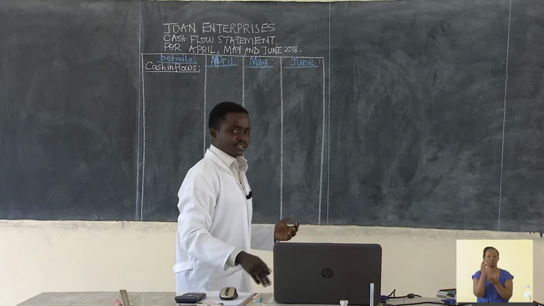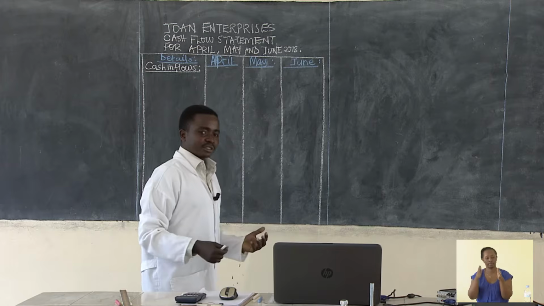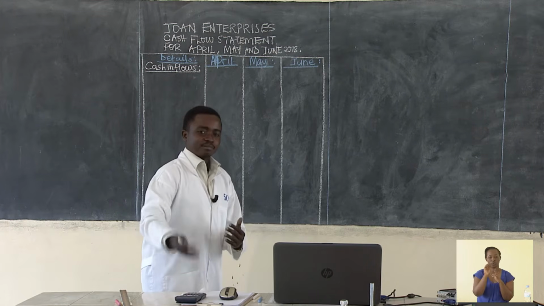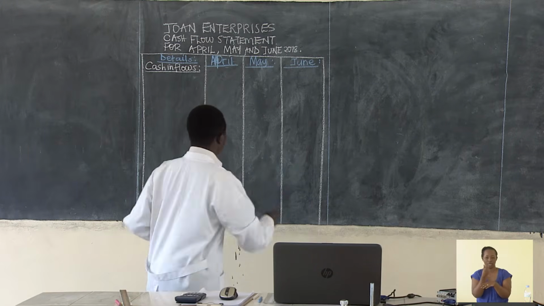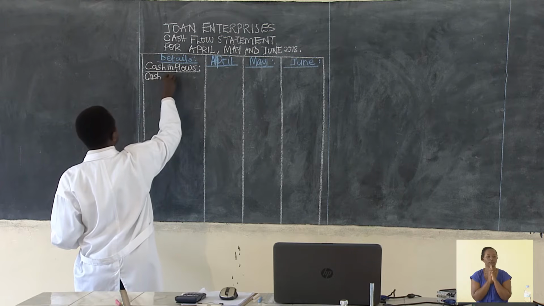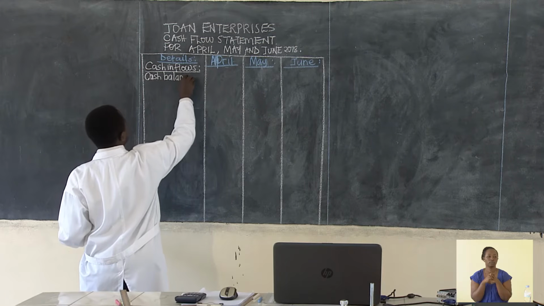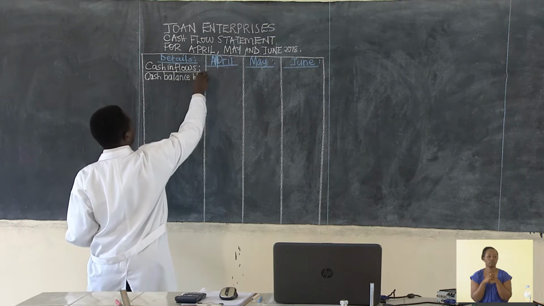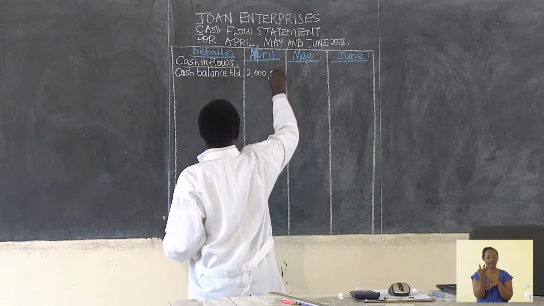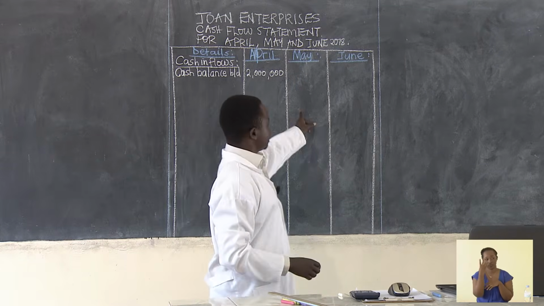That is cash balance brought down on that period. So John Enterprises started April with cash at hand, 2 million. So under cash inflows, you have to indicate cash balance brought down. And this is for April. How much? We have 2 million. For April, we can't indicate it in May.